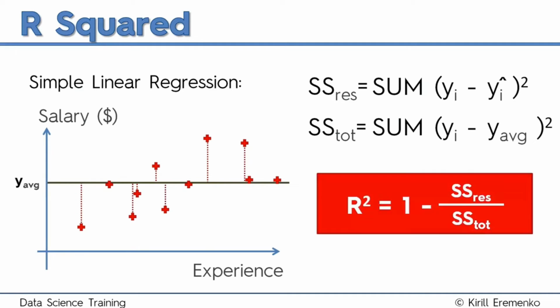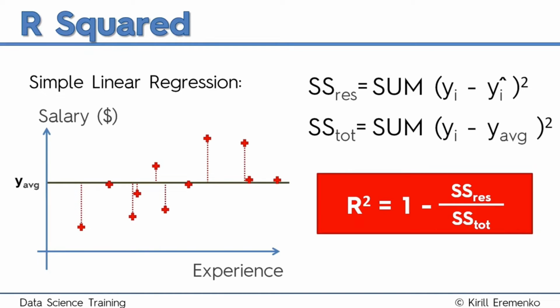And what R squared is, R squared equals 1 minus sum of squares of residuals divided by total sum of squares. What this is saying is that there will always be a total sum of squares, because your records are not always going to be all equal to the average, otherwise it's a very boring data set.